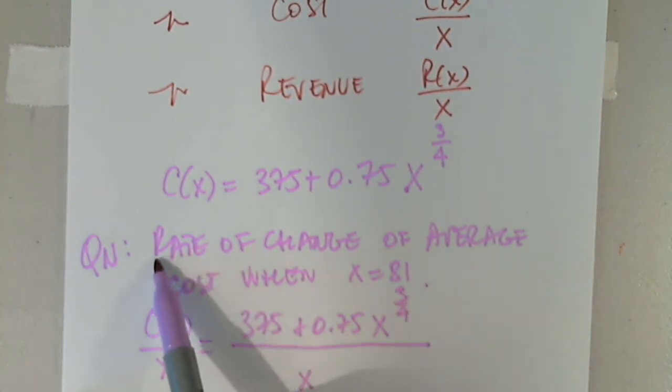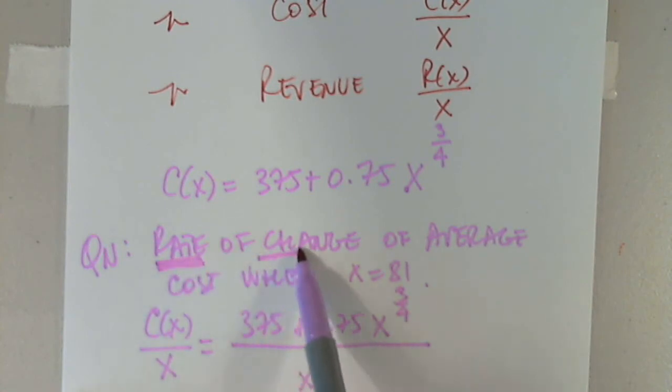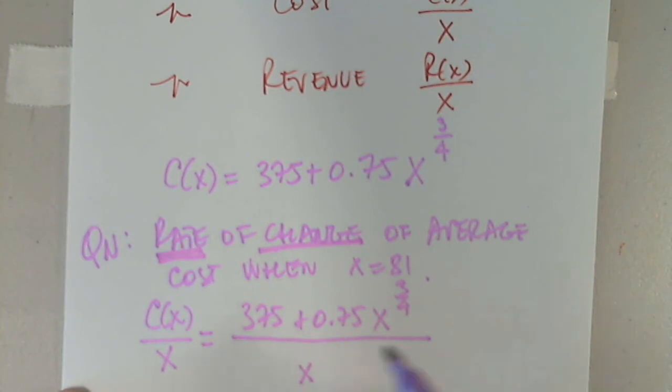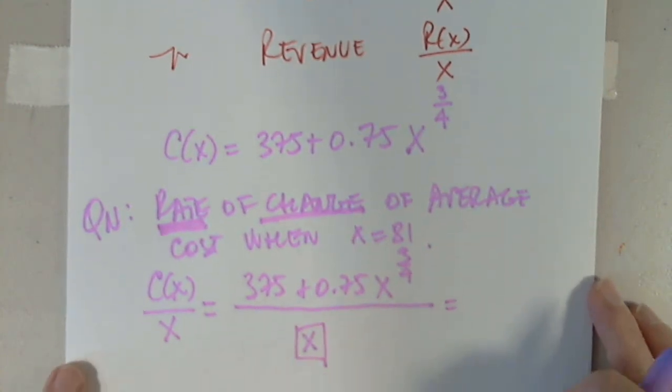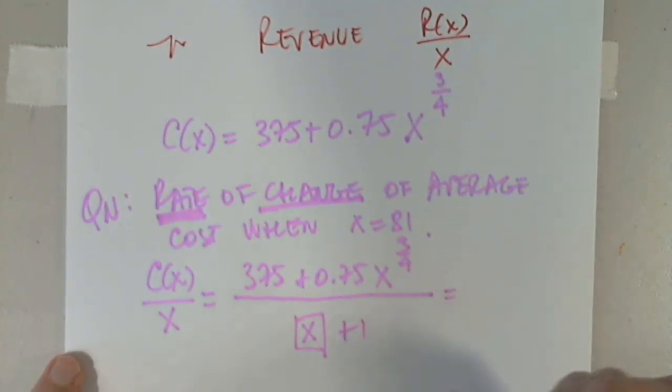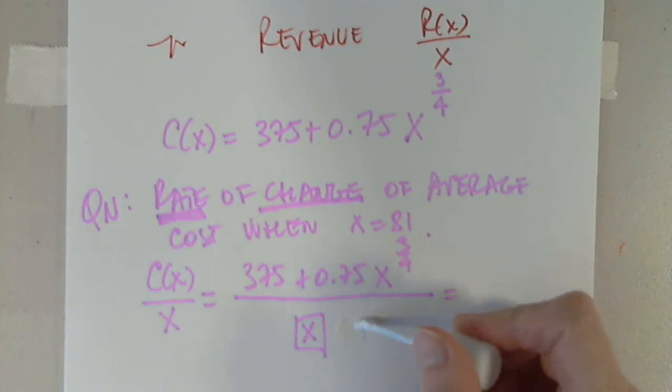Since I'm asked to find the rate of change of this function, I have to find the derivative. I refuse to use the quotient rule here because there is only one term in the denominator. I can separate this fraction in two fractions.